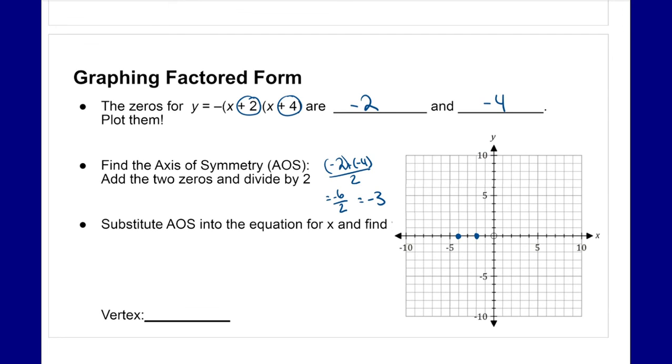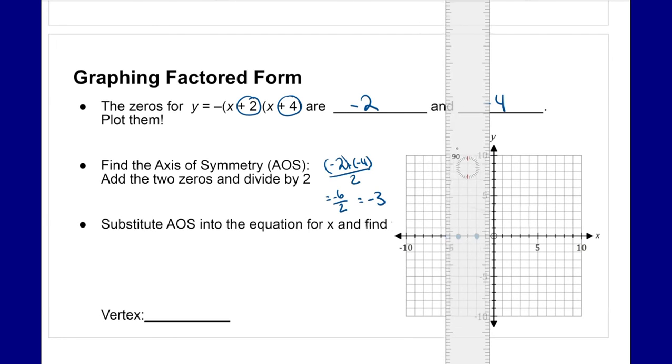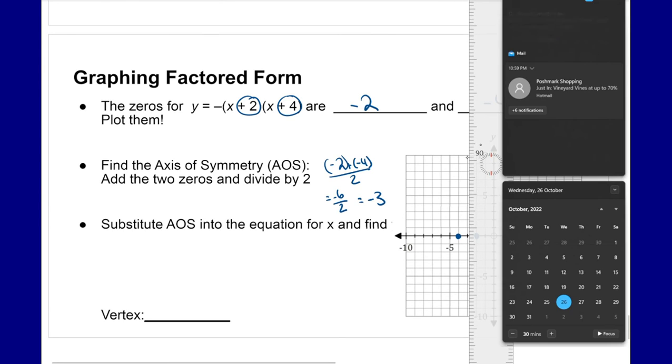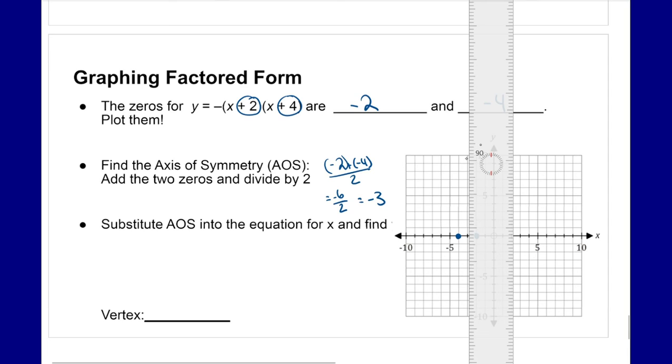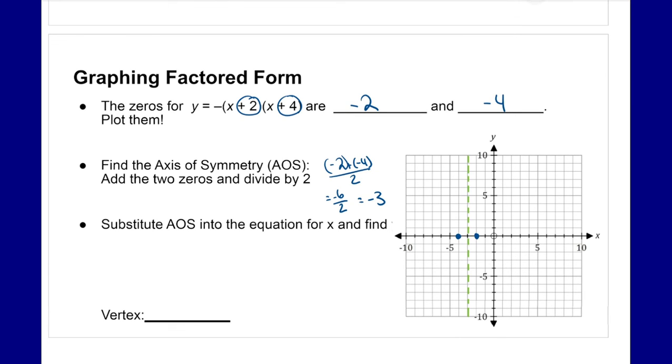So that means I have an imaginary vertical line going down my graph there. This is at x equals negative 3. I have my axis of symmetry there.